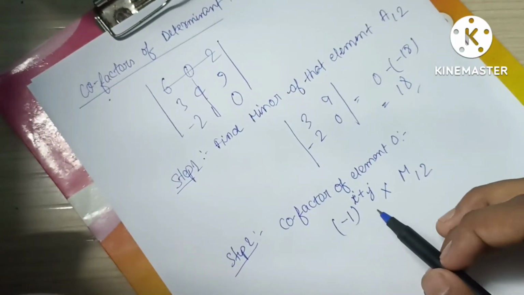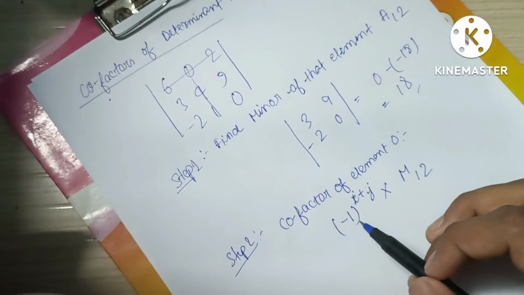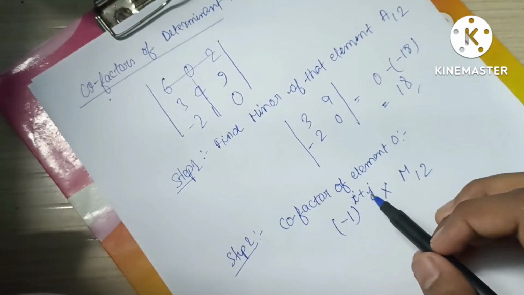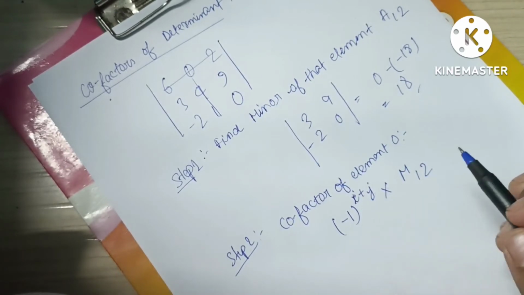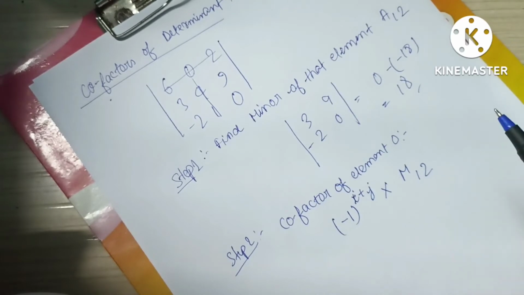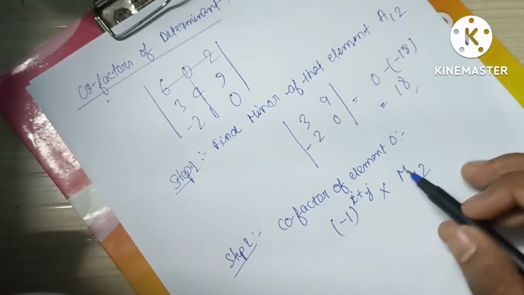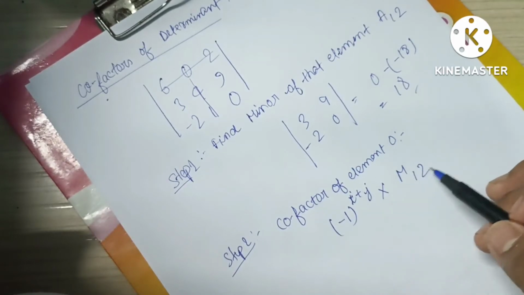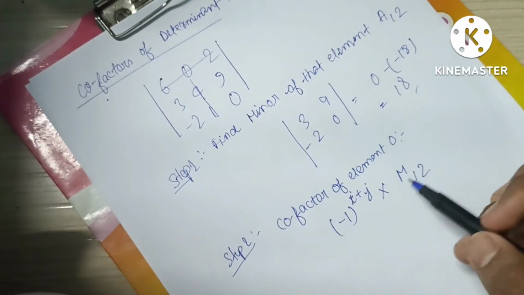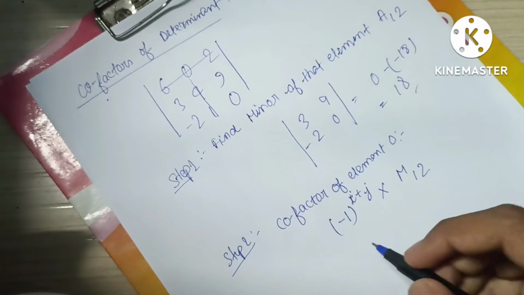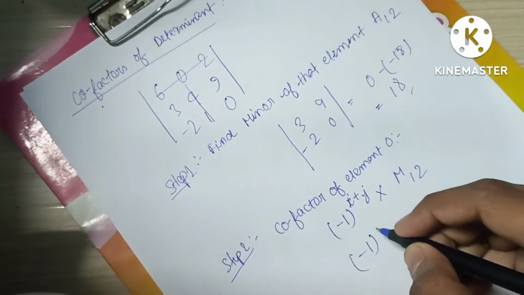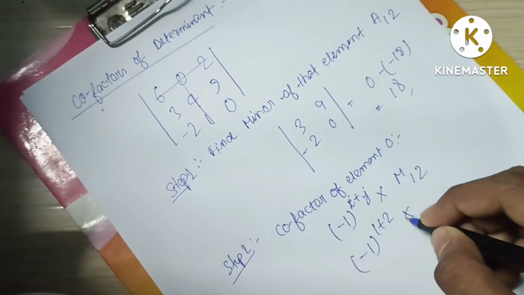So the simple formula here is -1 to the power of the sum of the row and column of the element whose minor you want to find, that is here M1,2, where i is 1 and j is 2. So -1 to the power of 1 plus 2 into the minor of the element.